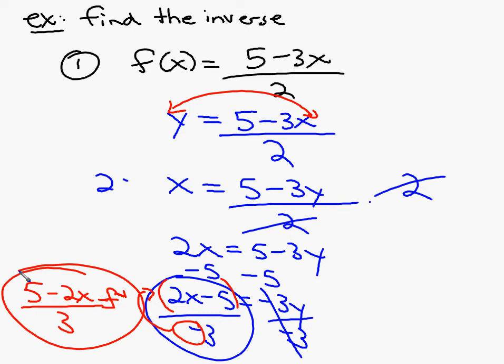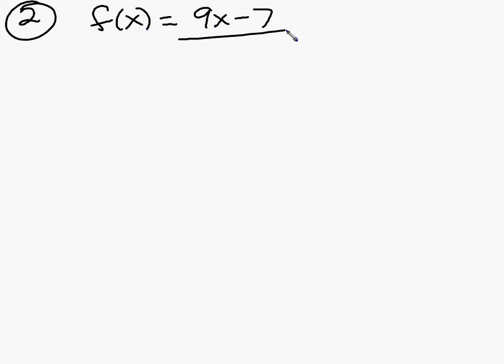Now sometimes, as you can expect, they'll be more difficult than that. Let's do a more challenging problem, like this one. F of x equals (9x minus 7) all over (3x plus 4). Well, we replace f of x with y.